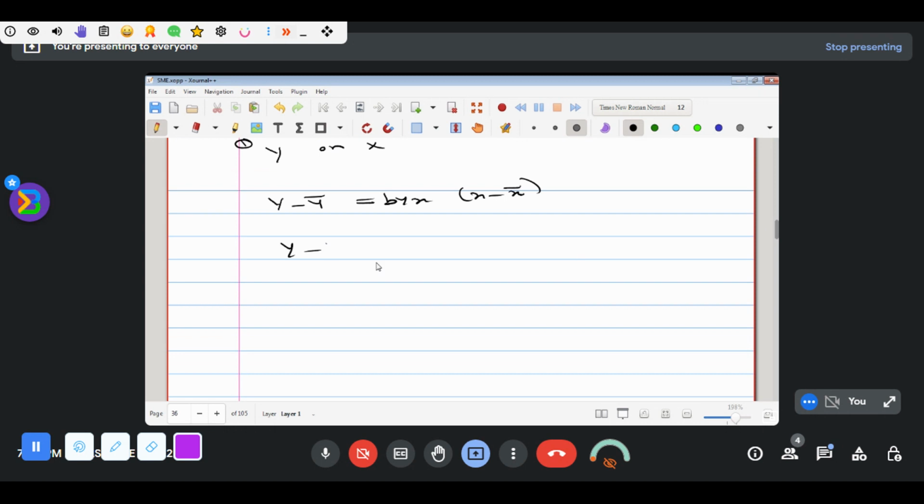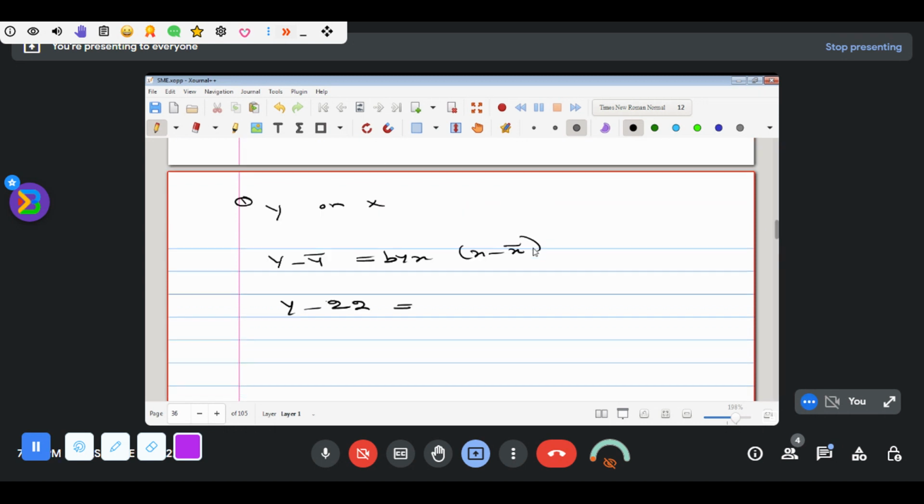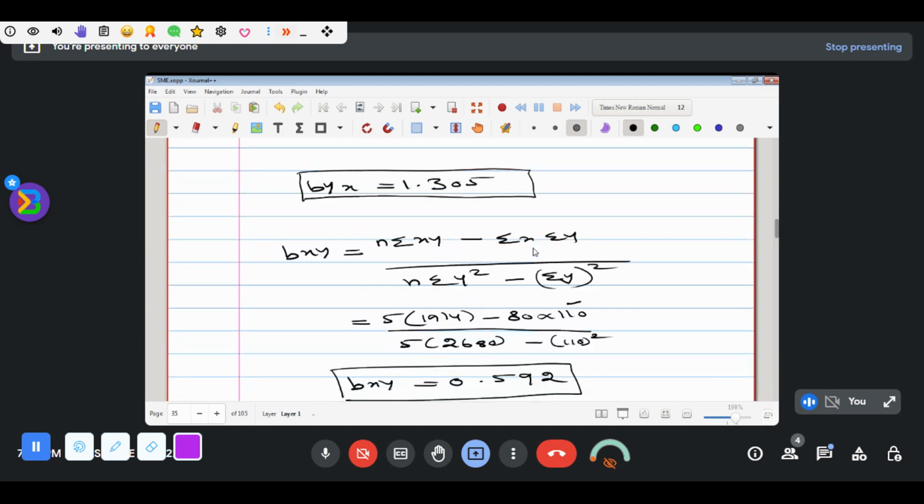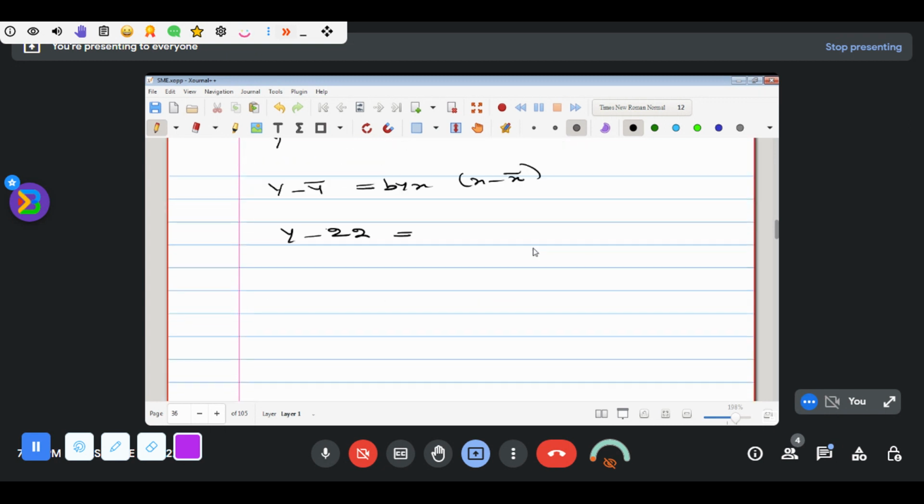Therefore I am putting 22, and the byx value, the first one, 1.305, into x minus x bar. The x bar value is 16. So complete your calculation. This is the y on x concept.